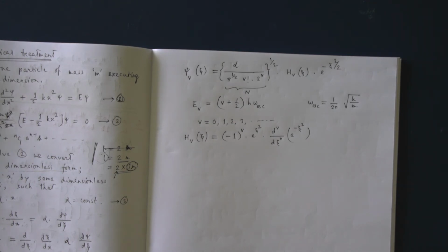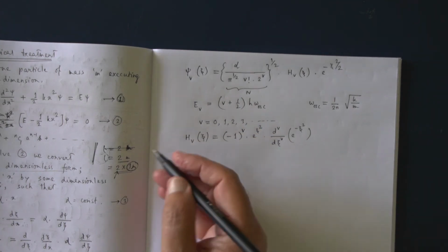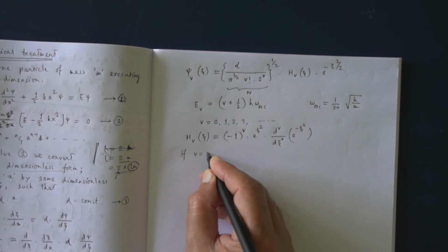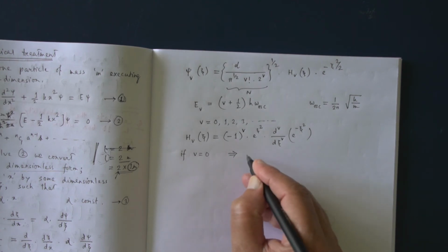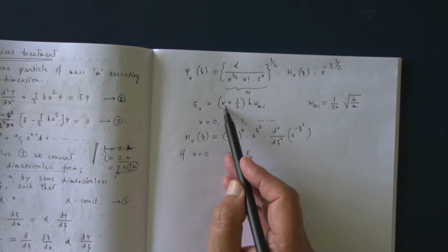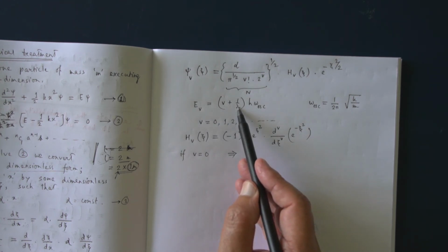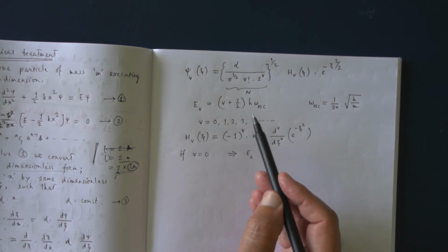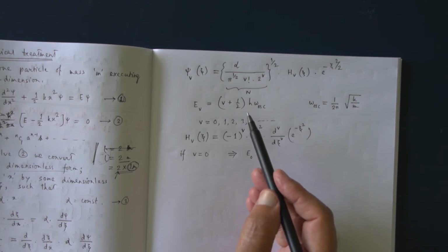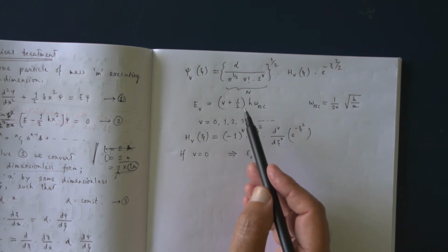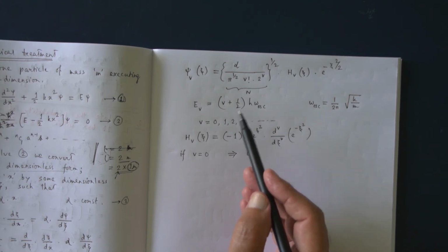Now let us see how to find out the wave function and energy. If v equal to 0, energy E naught, v may be 0, but energy is not 0. In the particle in a one-dimensional, two-dimensional or three-dimensional box, we obtain quantum numbers, but there we have seen that the quantum number cannot be 0.